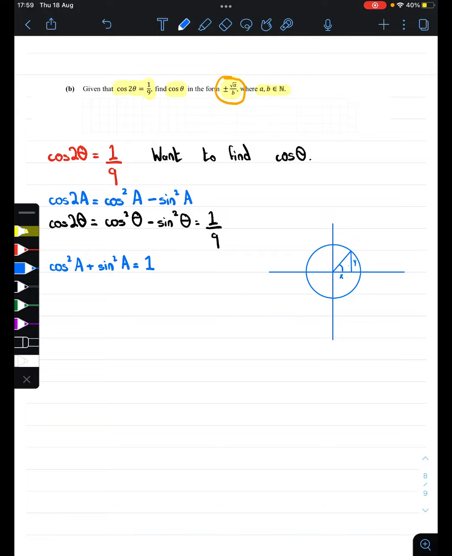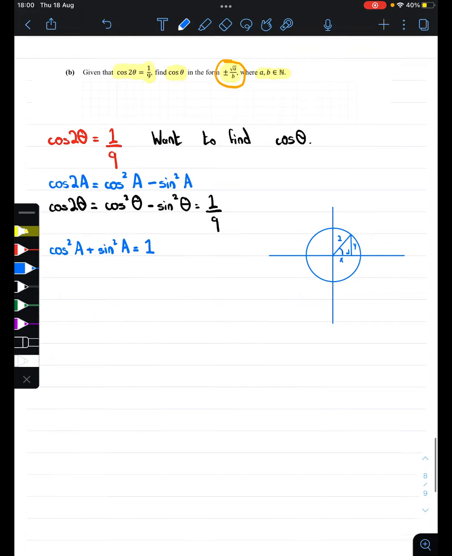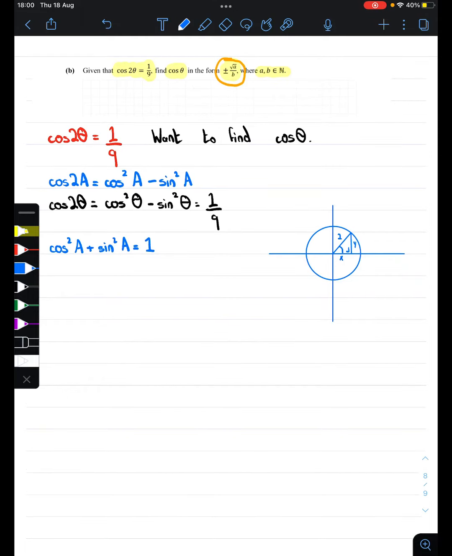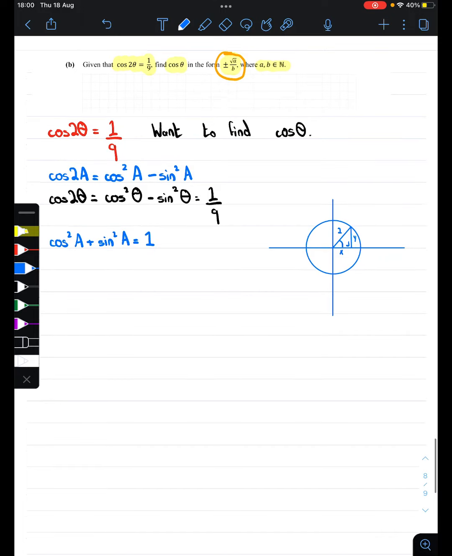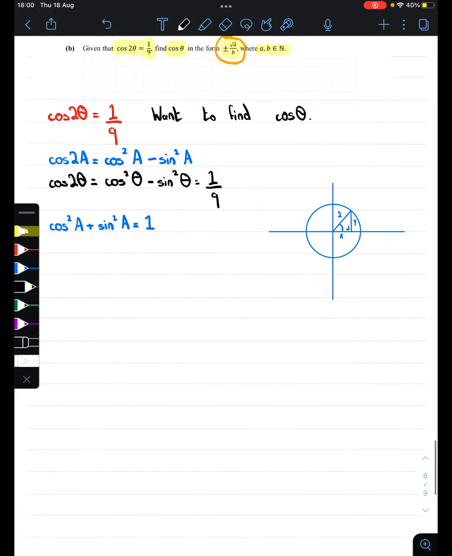And because this is a right angle triangle and the unit circle has radius 1, we know that x squared, cosine of the angle, plus y squared, sine of the angle, is equal to the hypotenuse, which is 1. So that's where this formula comes from.